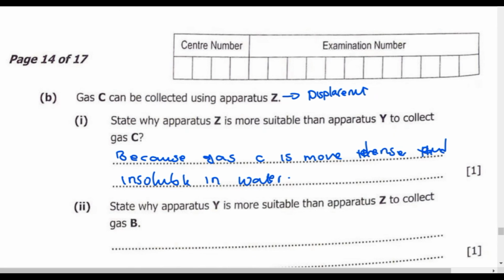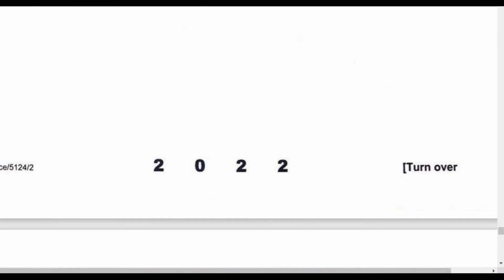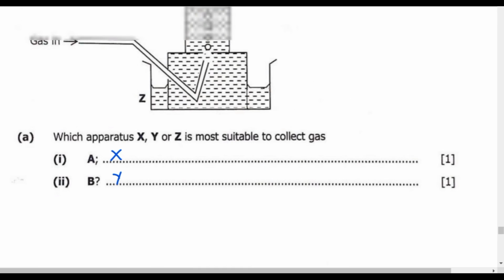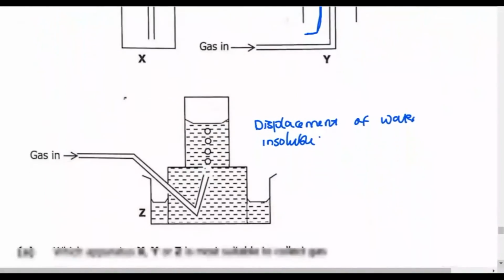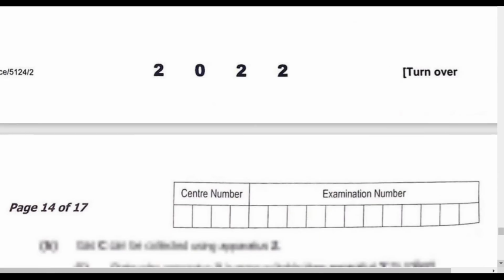Then Roman number 2, state why apparatus Y is more suitable than apparatus Z to collect gas B. What did we say about gas B? Gas B is less dense than air, soluble.